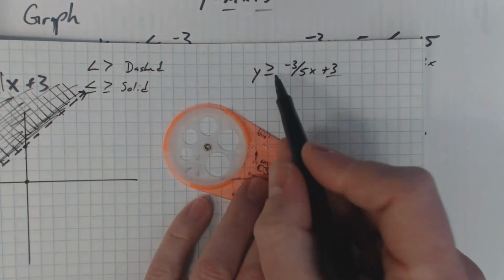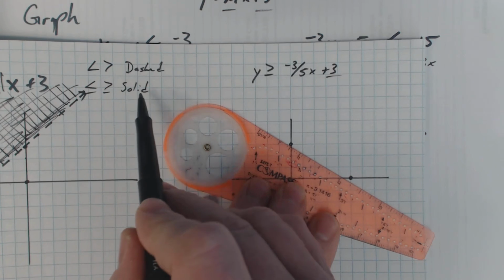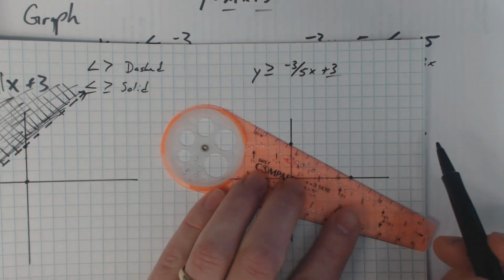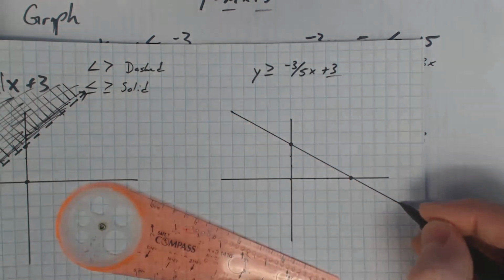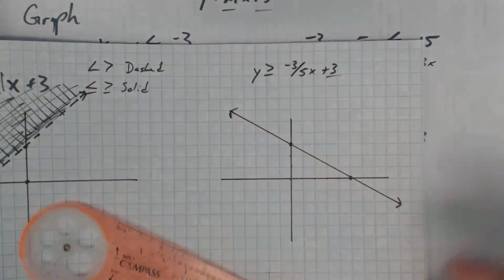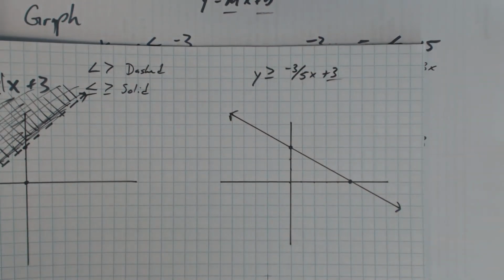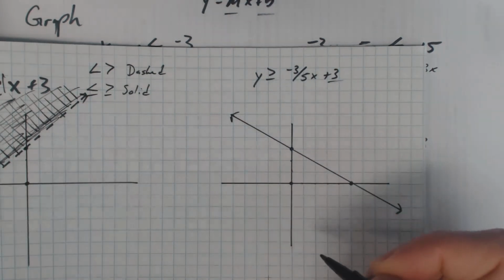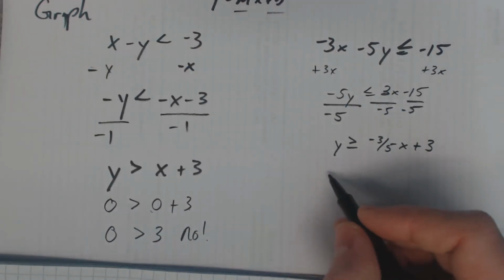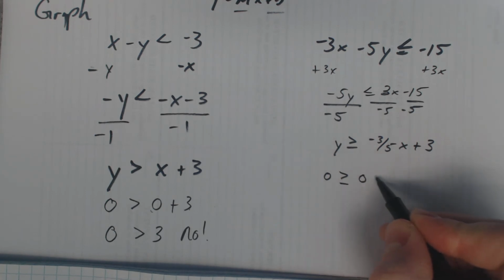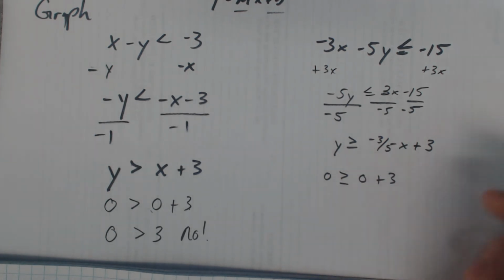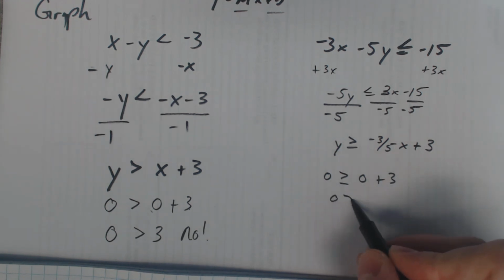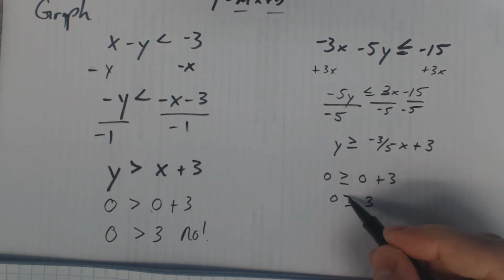Now this time, I'm going to use a solid line. And now, let's use 0, 0 as my test point again. Right, because 0 times negative 3/5 is going to be 0. And that'll be 0 is greater than 3. Is that true?